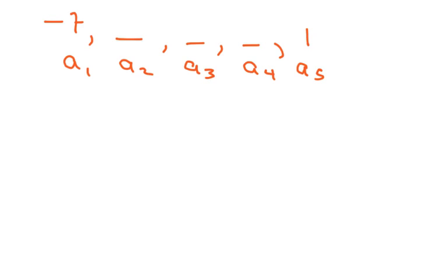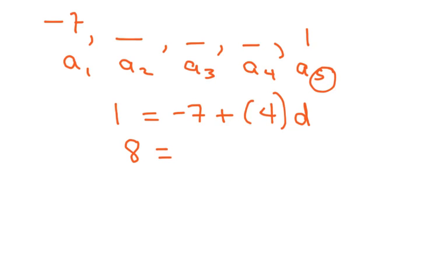I have 5 terms. So a sub 5 is 1, which equals my first term plus n minus 1. My n is 5. So that's going to be 4 times d. Solve for d. So you have 8 equals 4d. So d is 2. So you just add 2, and you're going to get negative 5, negative 3, negative 1. And that's that.